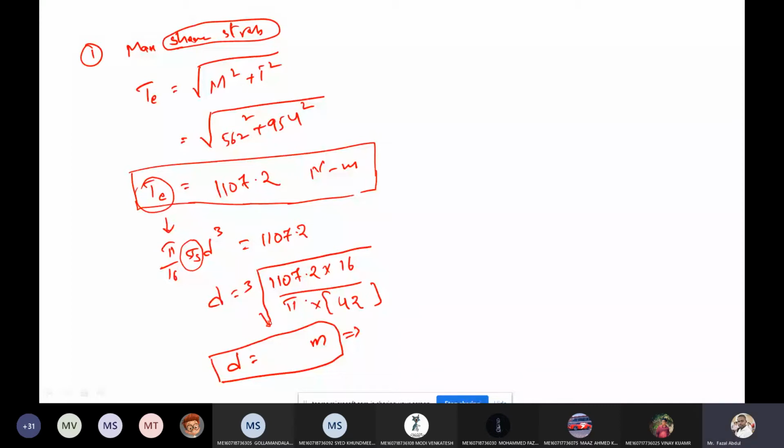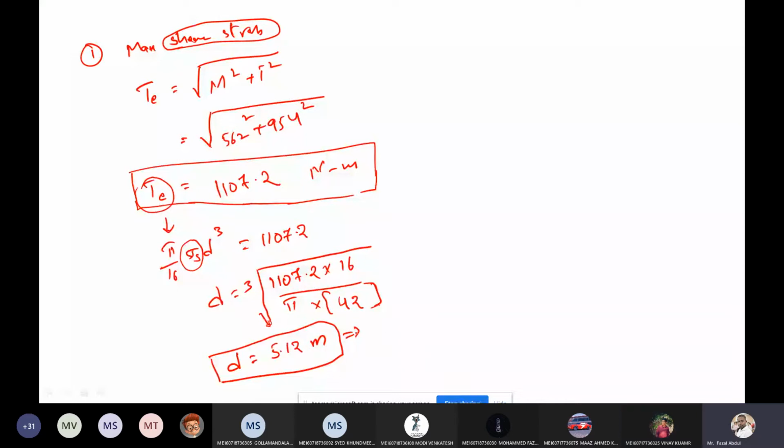Solve the problem again. 5.12 meters, sir. Very good, 5.12 meters.